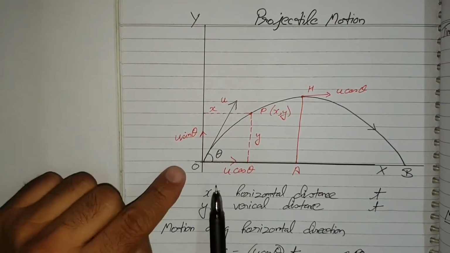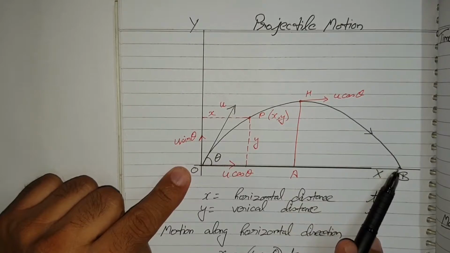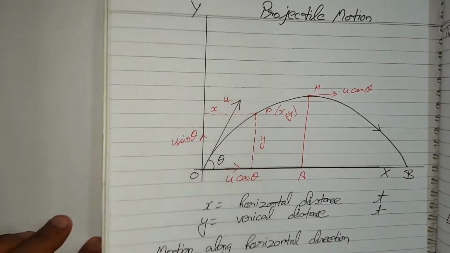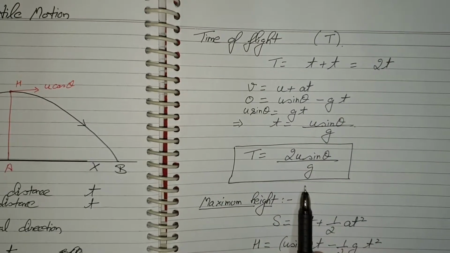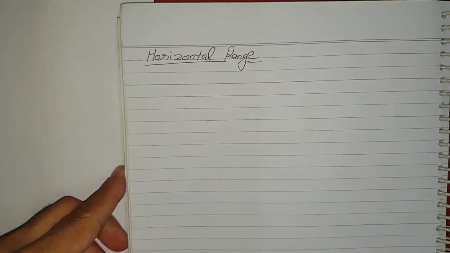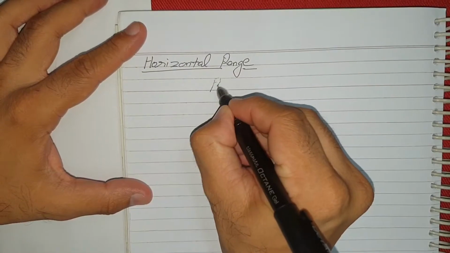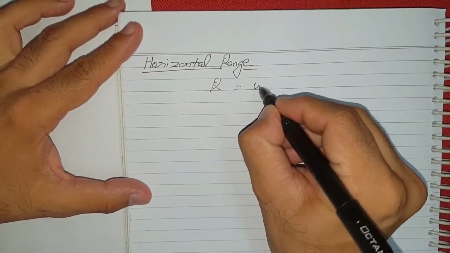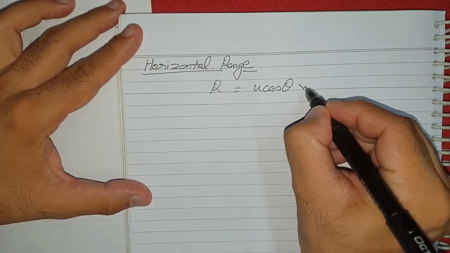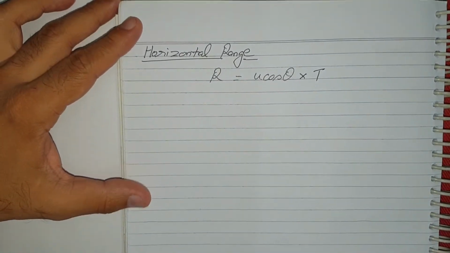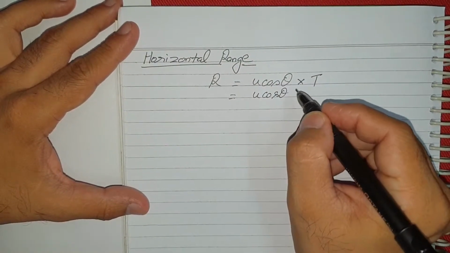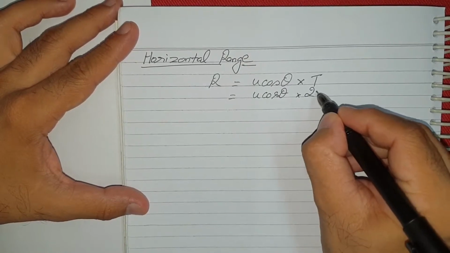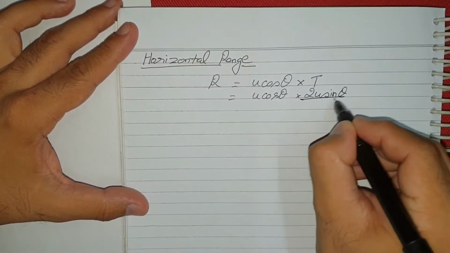Now what is the time? Time is the time of flight. The time of flight, which we have already calculated, T, is equal to 2u sin theta by g. You should remember this, 2u sin theta by g. So applying this over here, the horizontal range, capital R, is equal to u cos theta times T. Now substituting the value, this is u cos theta, and T is 2u sin theta by g.